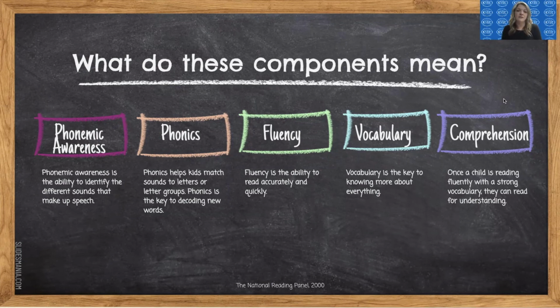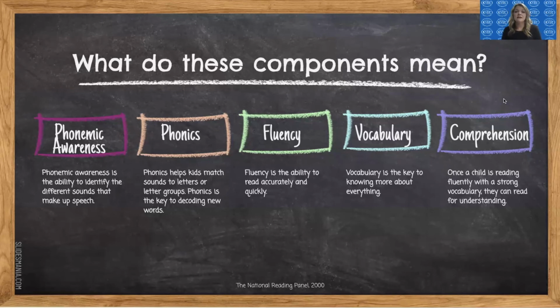Being able to write and read C-A-T as cat is having that concept of phonics, and they use that concept to decode words, looking at those letters, knowing the sounds of those letters, and being able to blend those sounds together to form words. That is phonics. Then that leads to your next one, which is fluency.